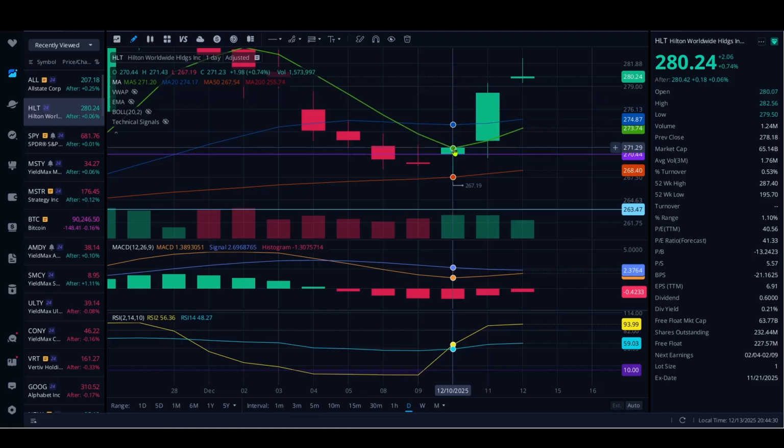I'll set my stop limit at this point of the MA5, so that would be 271.20. With my purchase at 270.44, that's roughly a $1 gain that I'm locking in if it does kick me out. So with the close of the candle right here, I have that stop set just in case it comes down and kicks me out. But if not, then we can continue on.